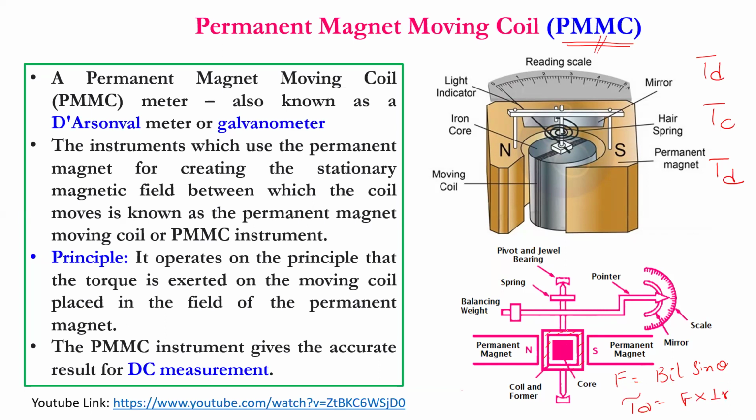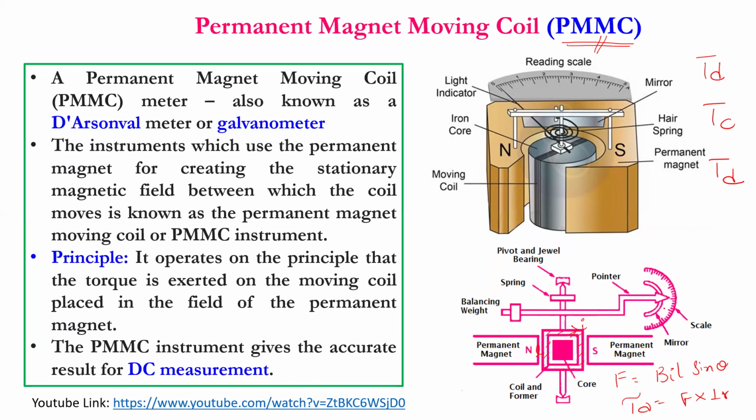Whenever a current carrying coil of length L carrying current I is placed in a magnetic field B, it experiences some force. The turning or twisting effect of this force results in the deflecting torque. Then the pointer will move, with the help of the deflecting torque.